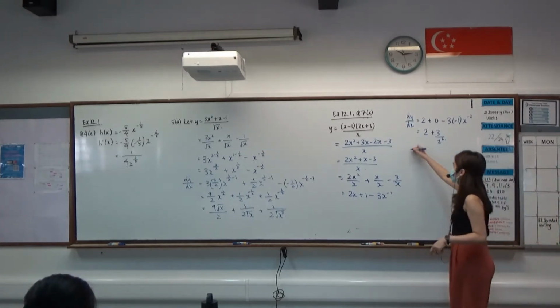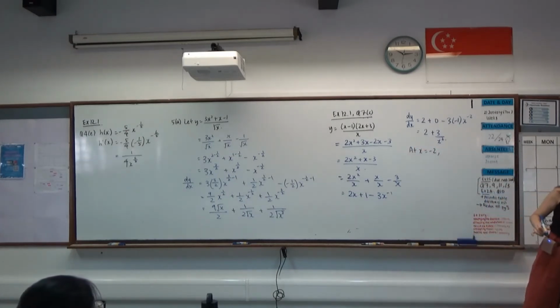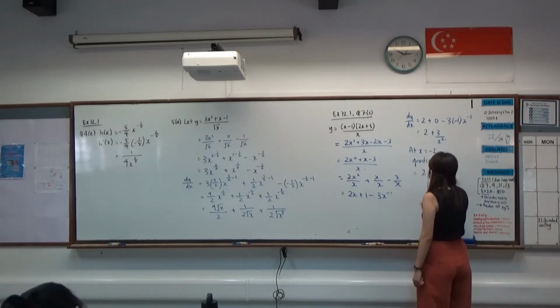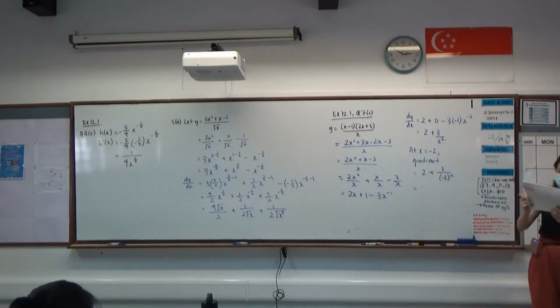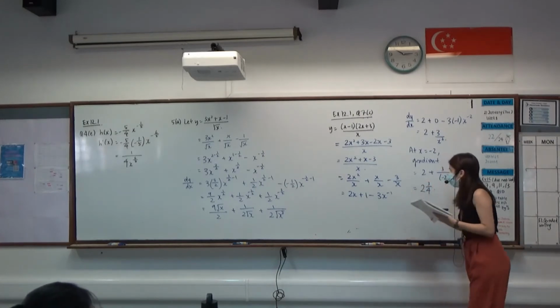And at x equals negative 2, the gradient would be 2 plus 3 over negative 2 squared, which is 2 and 3 over 4.